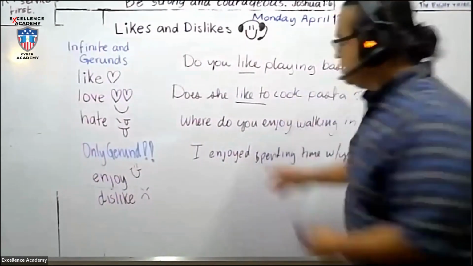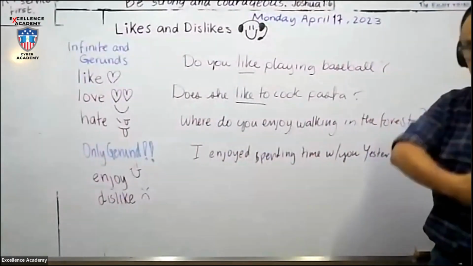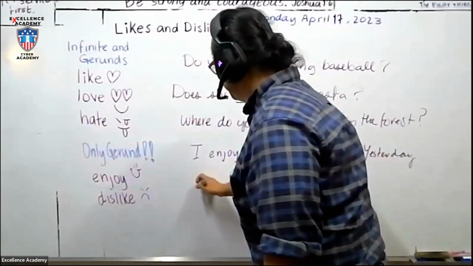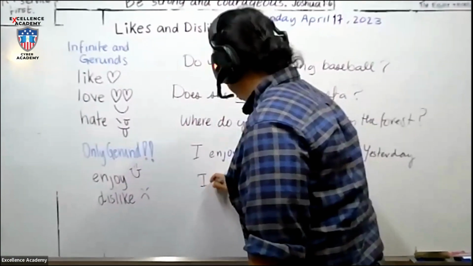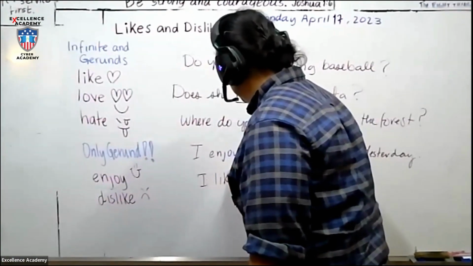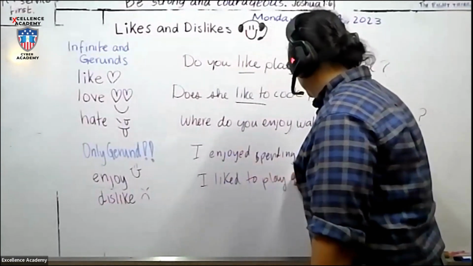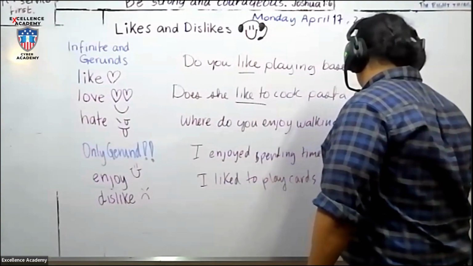Okay, so here, even if the verb is in the past tense, I keep on respecting the gerund infinitive rule, right? So for instance, let's say "I liked to play cards with you when we were kids," right?